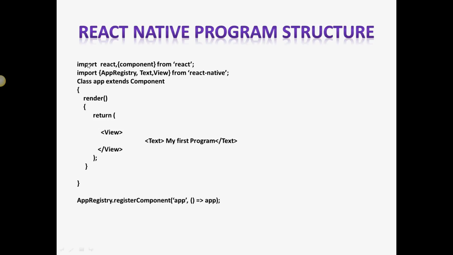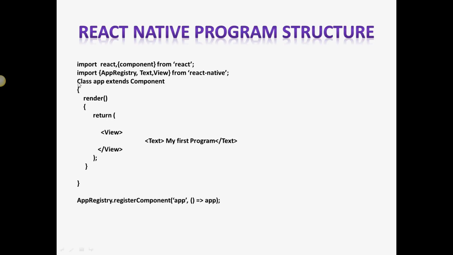The first two lines are common in every program: you import React, the main react.js file, and after that all the components. Then from React Native, you choose whatever elements you want to import. You can import 4, 5, 6, 7, but whatever element you import needs to be used in the program. If you are not importing Image, you cannot use that image in this code.